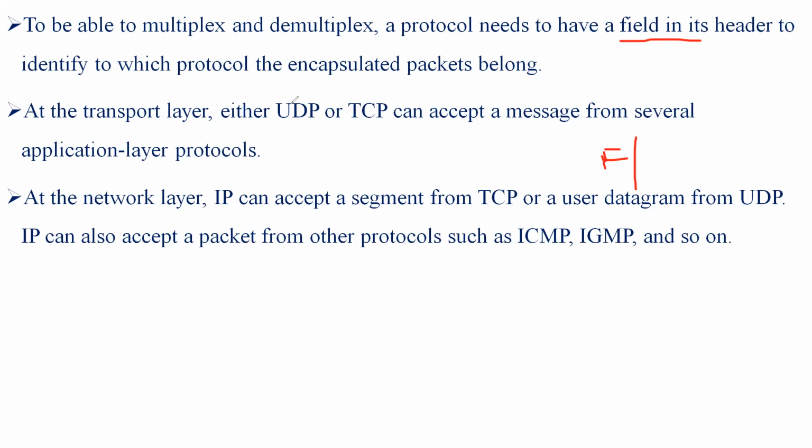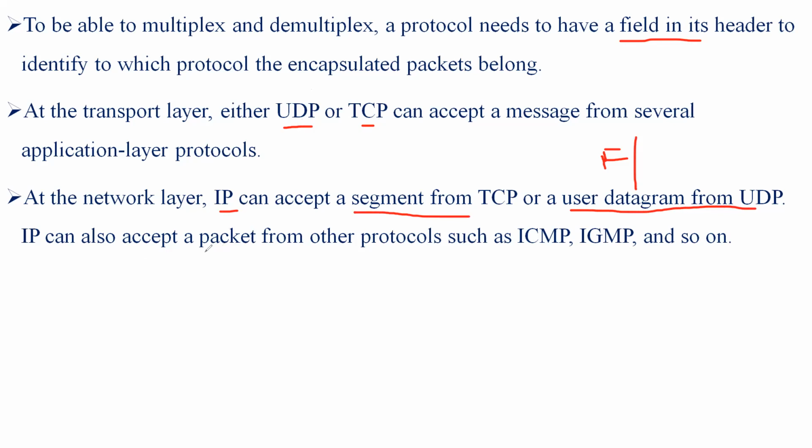At the transport layer, either UDP or TCP can accept a message from several application layer protocols. At the network layer, the Internet Protocol can accept a segment from TCP or a user datagram from UDP.